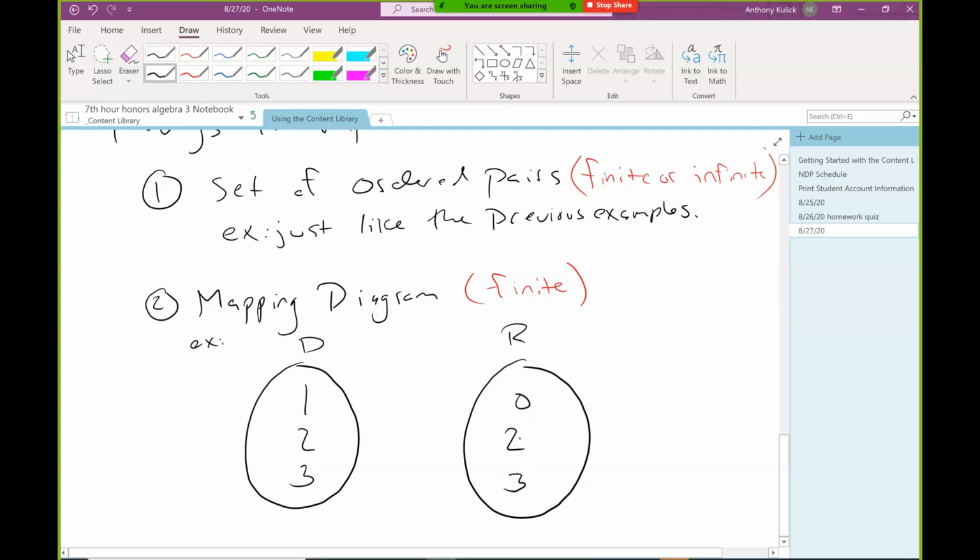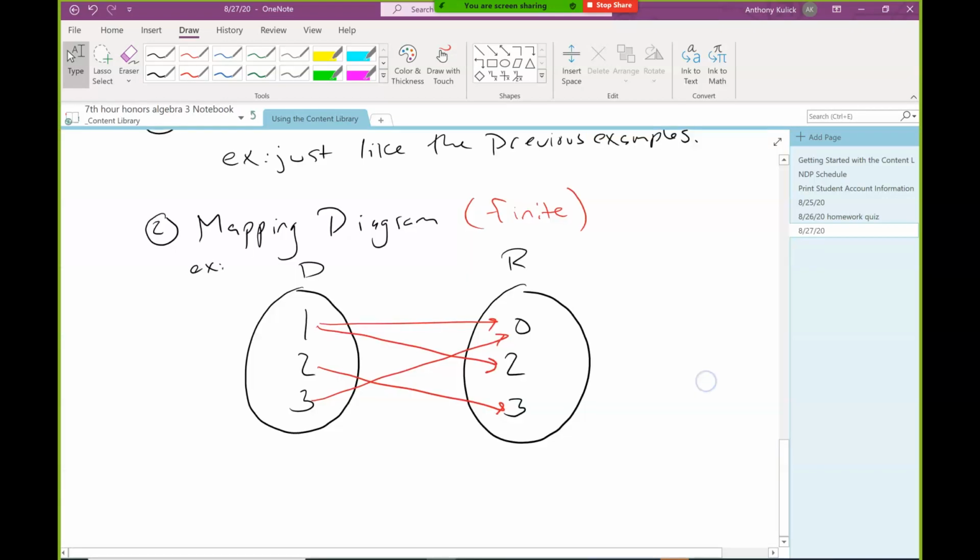And then we're going to write in the items that are in the domain, and then the items that are in the range inside those ovals. And then we're just going to draw arrows to indicate how the ordered pairs are made. So each one of these arrows would represent an ordered pair.